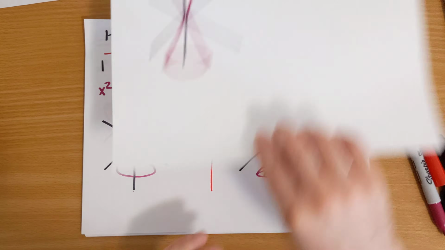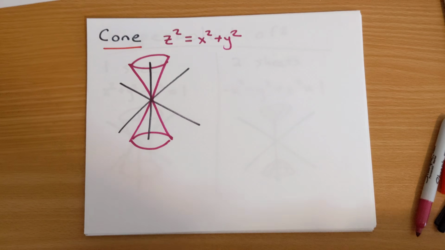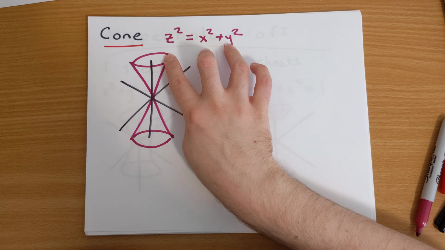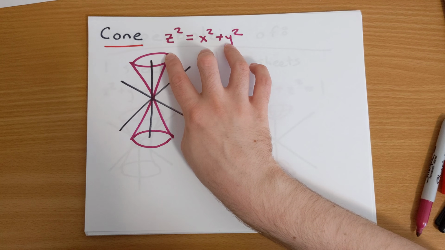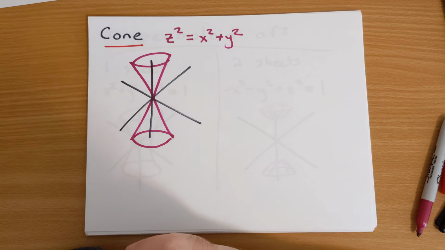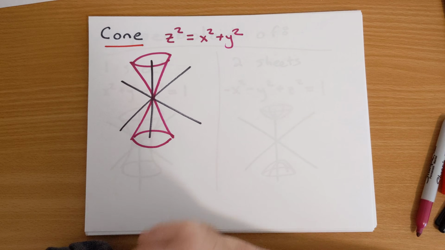So the next one I want to take a look at here is the cone. And so this is what a cone looks like. Once again, we see there are only quadratic terms here. We don't just see an x or a y or a z by itself. We see x squared, y squared, and z squared here. But now there's no constant term.